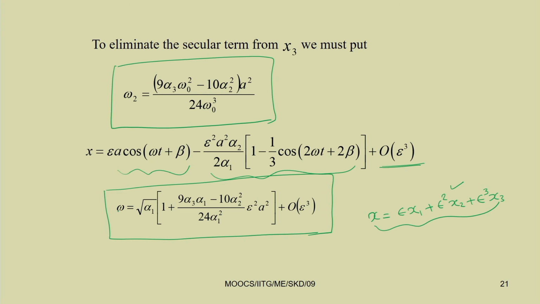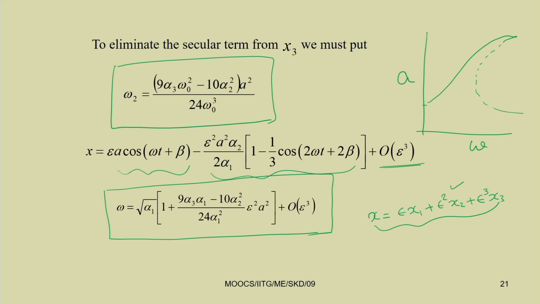So, this will actually give rise to the frequency response plot, where you can plot omega versus A. So, you can get different types of response. For a typical case, you may get a response like this.